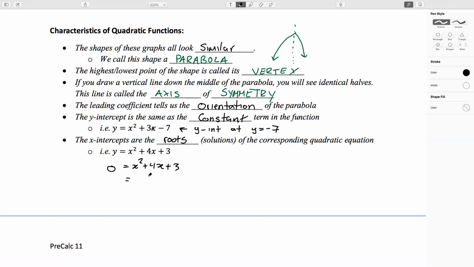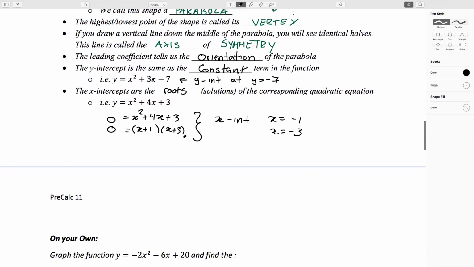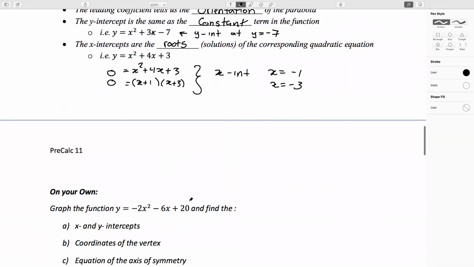This will factor into x plus 1 and x plus 3, which means that the solutions, or the x-intercepts, are at x equals negative 1 or x equals negative 3. And that's the tie-in between the equations and the graph of a function. We will spend more time on this later in this unit.